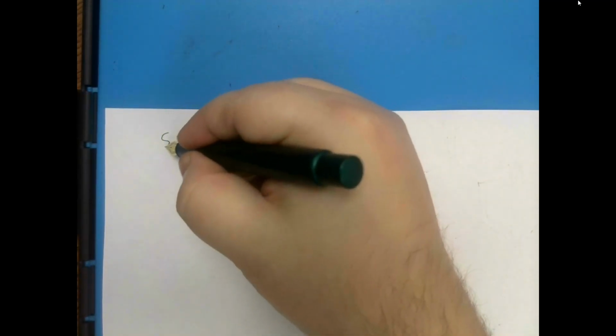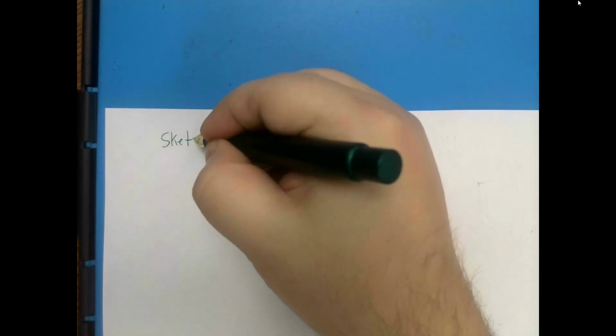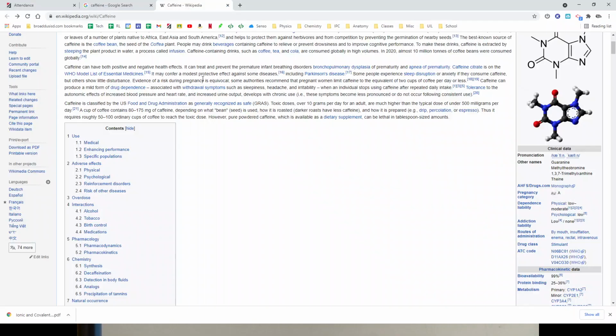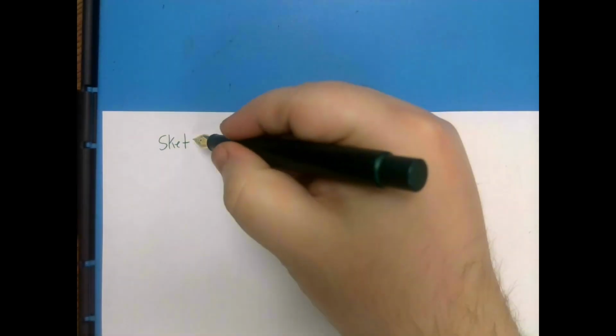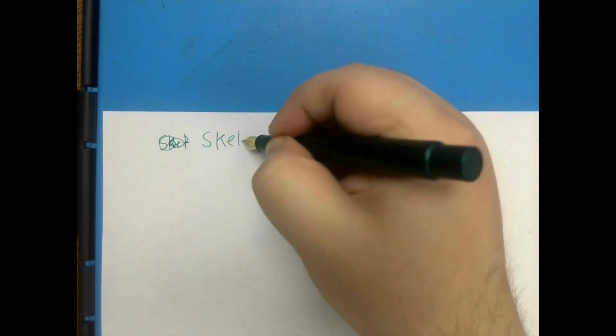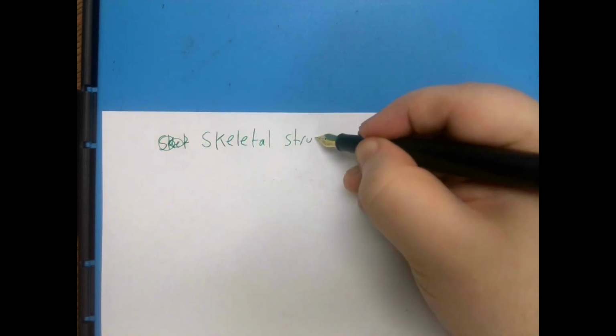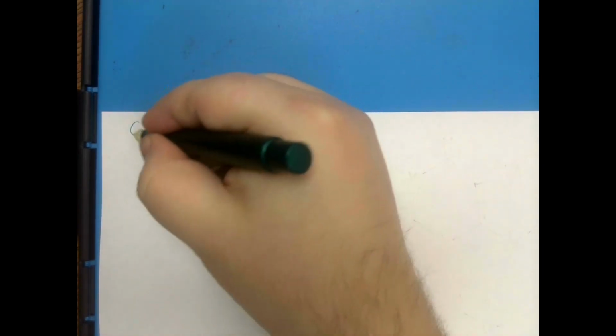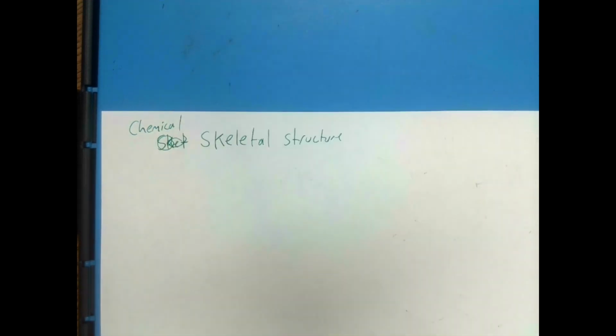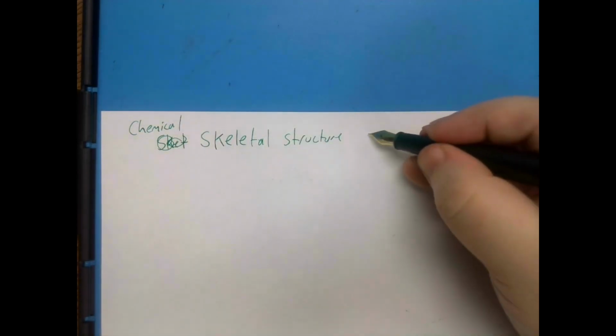This is known as the chemical skeletal structure of an atom or molecule.